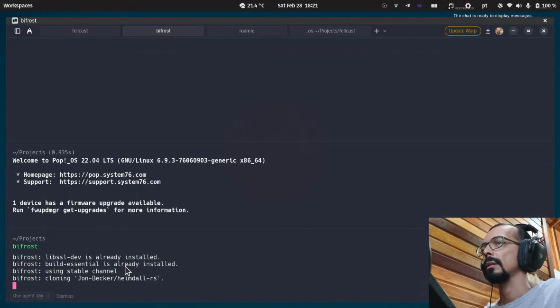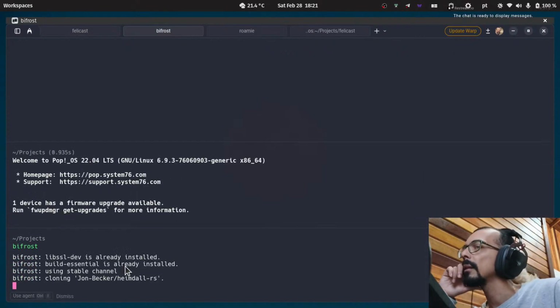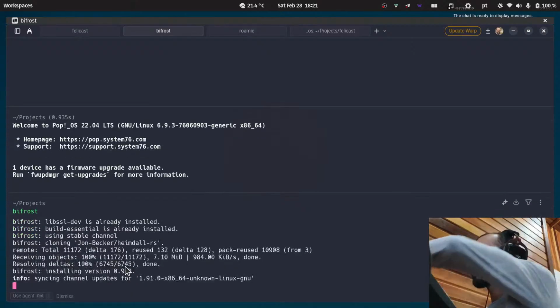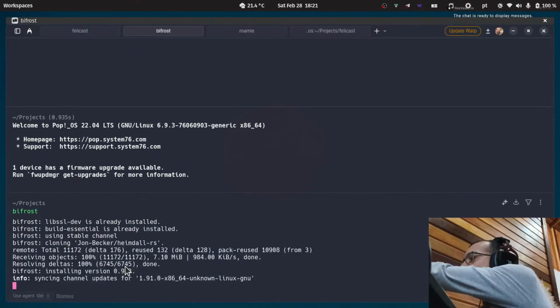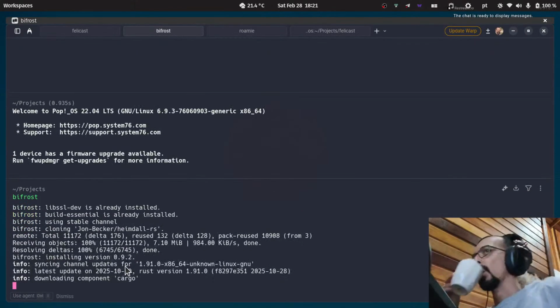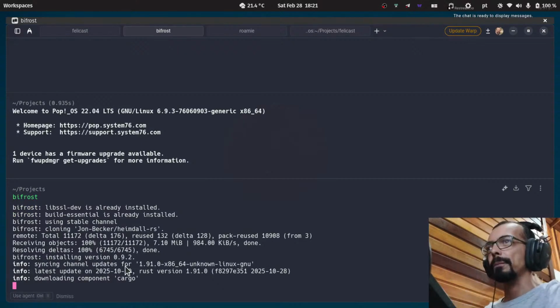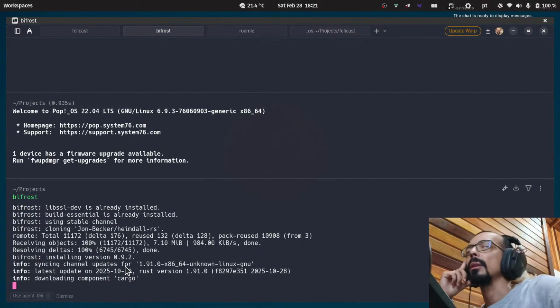Bifrost. Okay, nice. They're gonna clone from GitHub. So they're gonna build, right? And the build is probably gonna take some time.